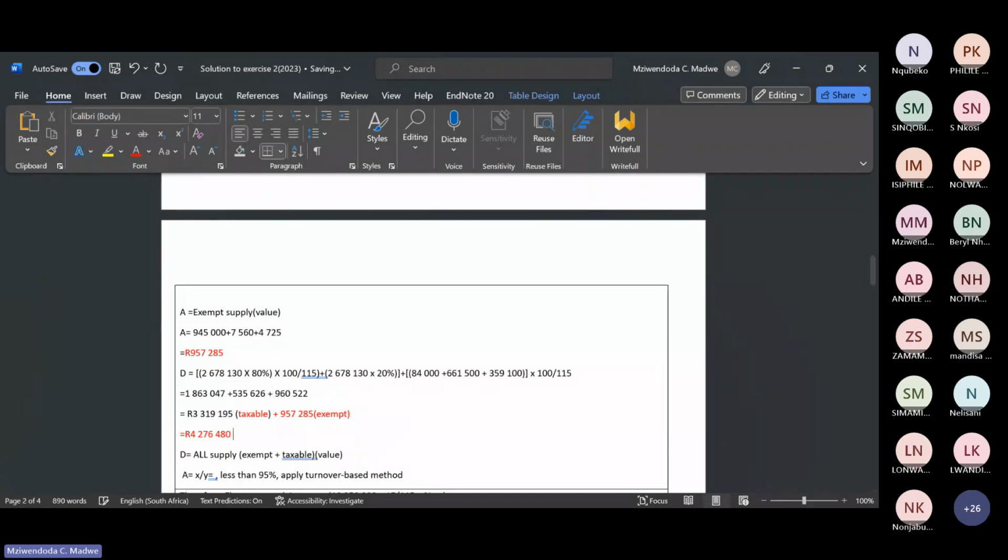So our total supply, this is our total supply, is 4 million.